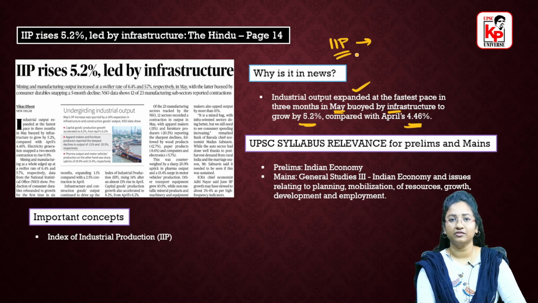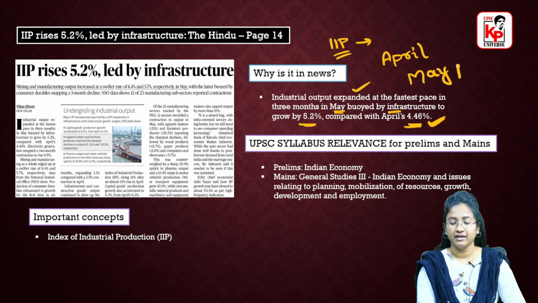It is published monthly. If you look at the data for April, it is 4.46%, and compared to April, the data for May has increased, so it is 5.2%.